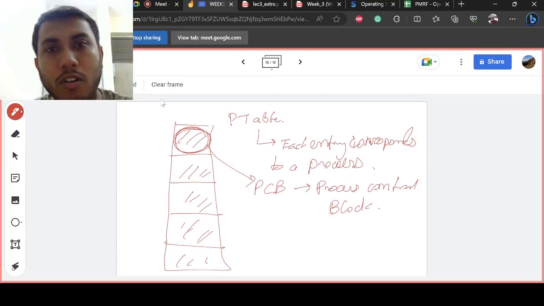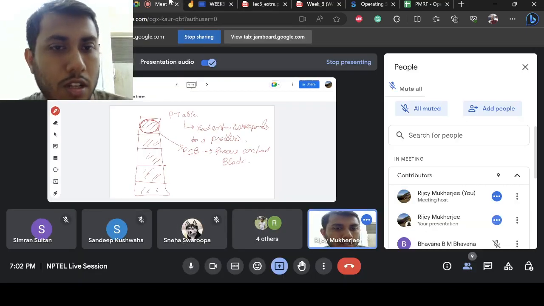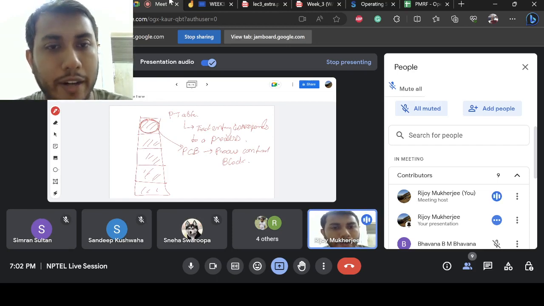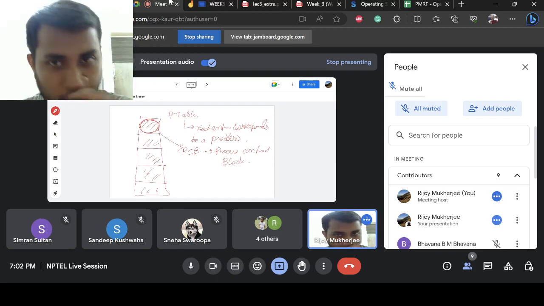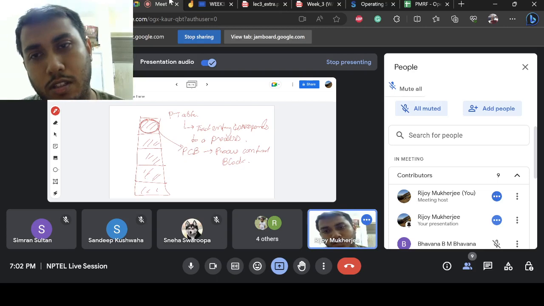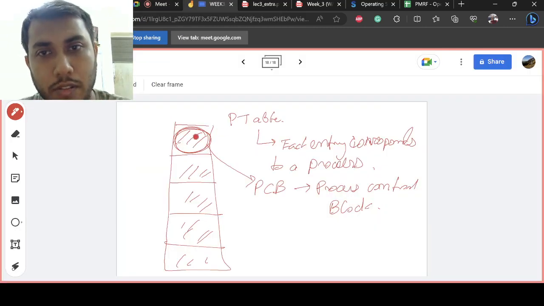So there is something called the P table that is maintained across the OS. It is not a part that is common to one process. It is common to all the processes. Each P table has an entry, that is basically your PCB. So this is a table, and its contents are basically the PCB.